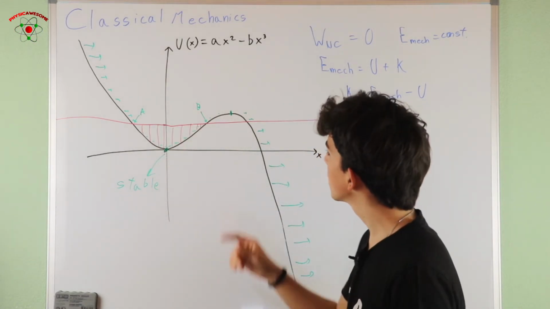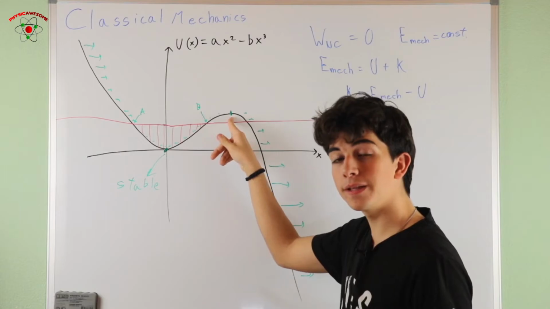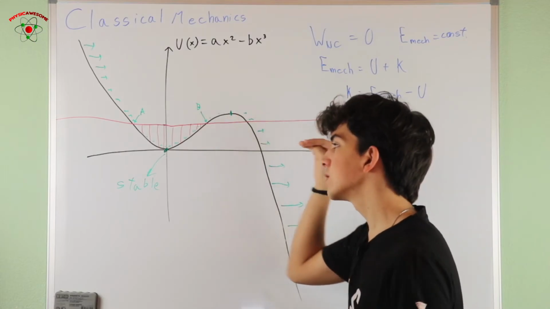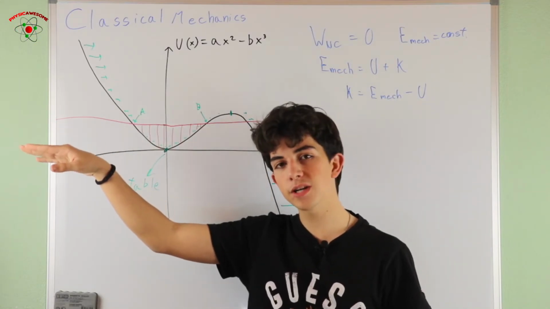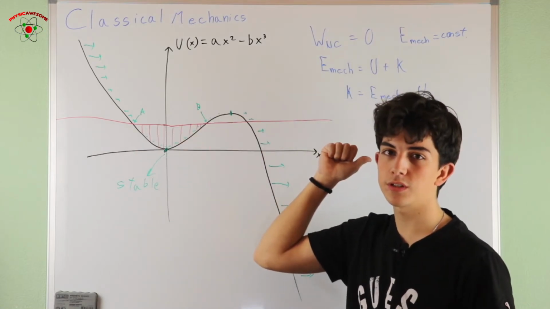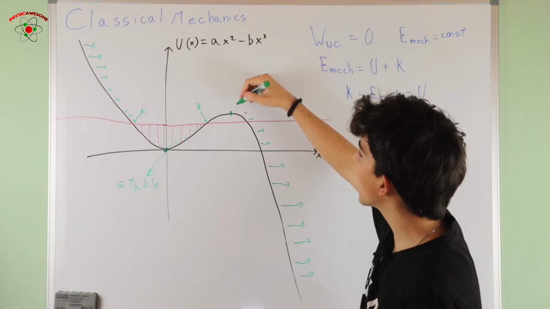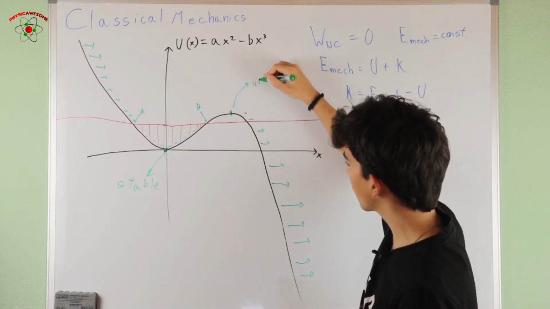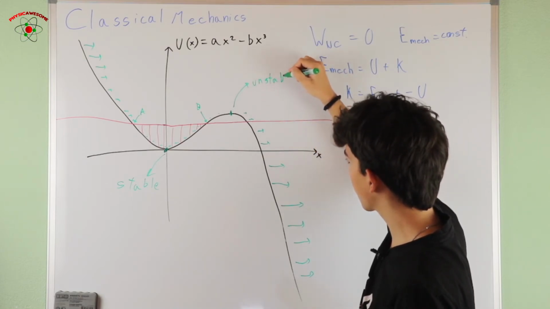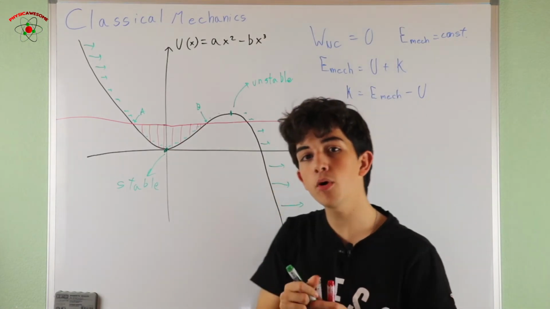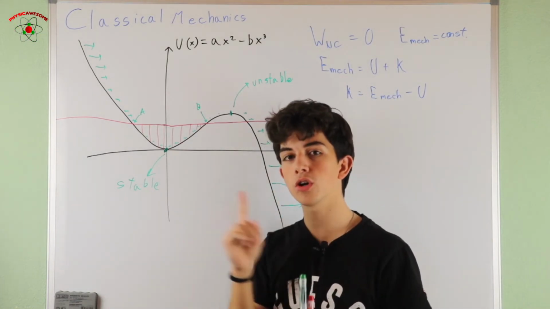However, this point is completely different. You have some arrows pointing in that direction and the other arrows pointing in that direction. Therefore, this point is going to be unstable. At the point itself, you are not going to move.